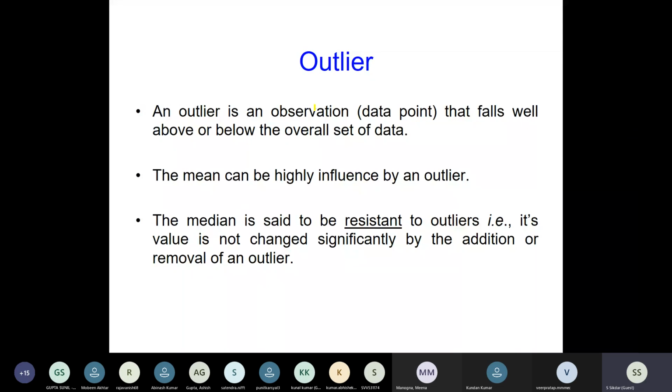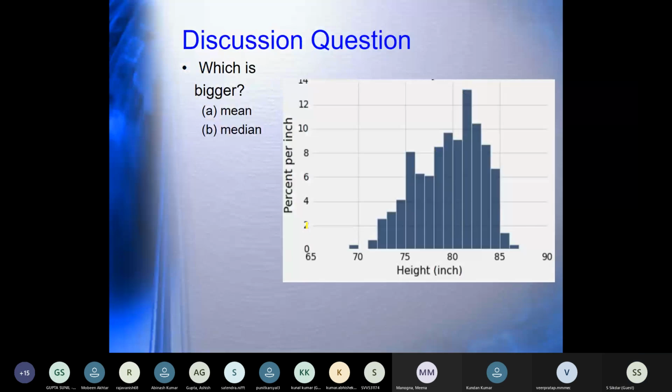Then you start processing by calculating mean, median, mode, or doing other operations. The median is said to be resistant to outliers because you are taking only the middle values. If you add or remove something, it doesn't change, but the mean value gets affected. So I move to the next slide.